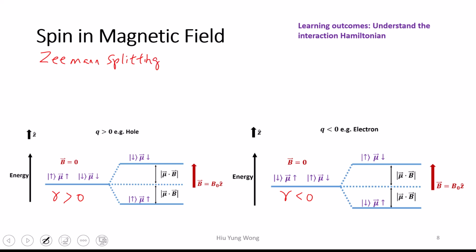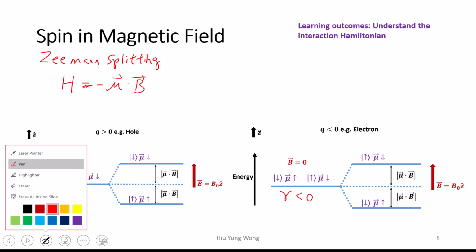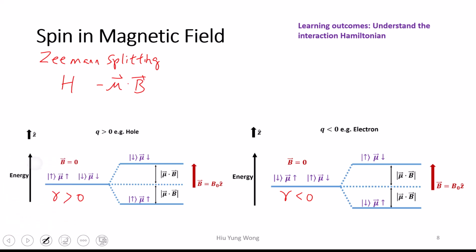The reason is because you will create a Hamiltonian H equals negative mu dot B. Again, we will take this for granted. We are not going to derive the equation. The energy change is equal to the magnetic moment inner product with the magnetic field, the scalar product. Okay?